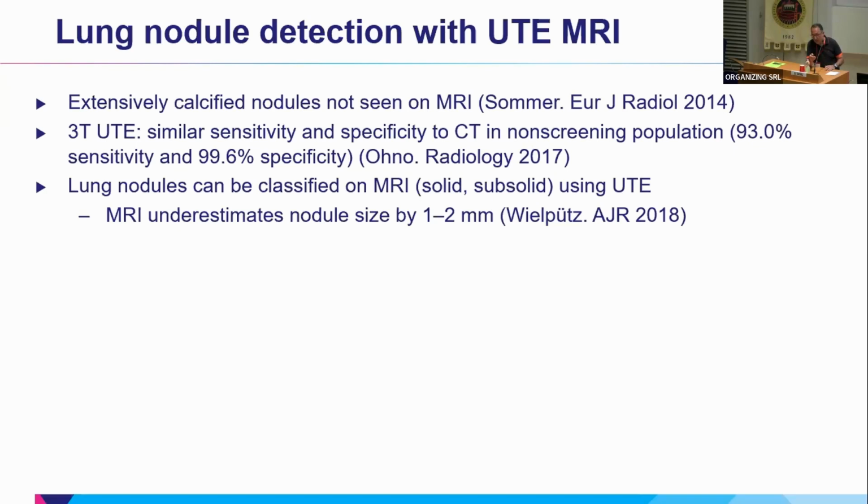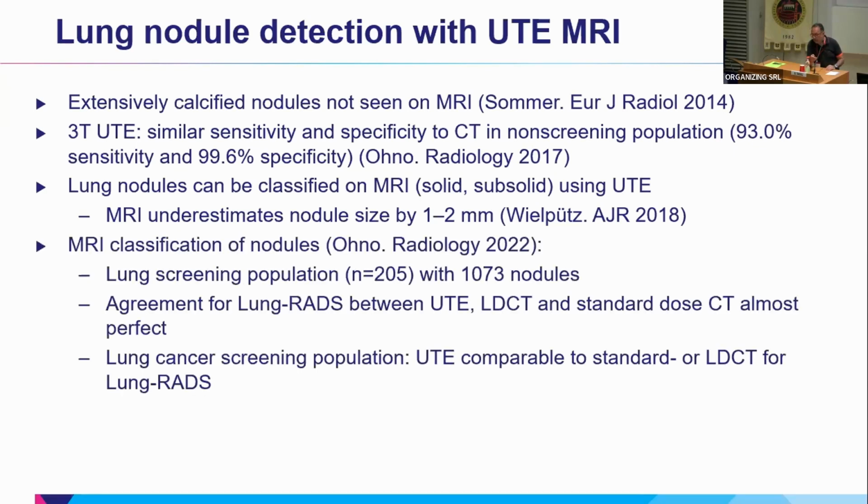The only problem is that it does underestimate nodule size by 1 to 2 millimeters compared to CT. And this is a recent study, also from Germany, 2022, that showed almost perfect agreement between UTE and low-dose CT and standard-dose CT for lung nodule characterization in about 1,000 nodules in 200 patients.